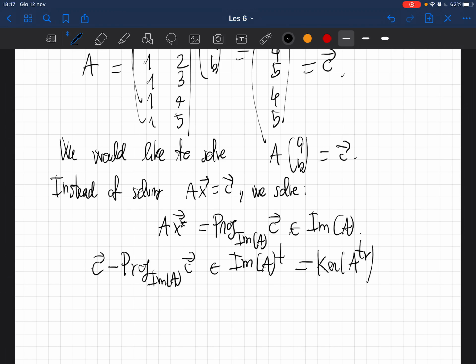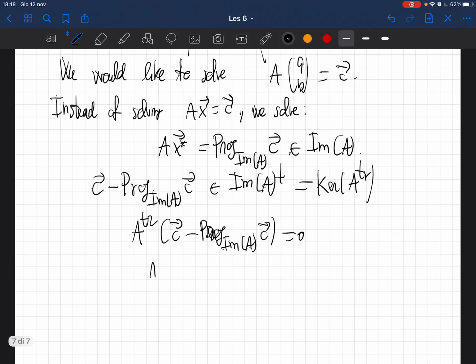So if you apply the transpose to this, it's going to be 0. Or if you want, A transpose of C is going to be equal to A transpose of the projection.